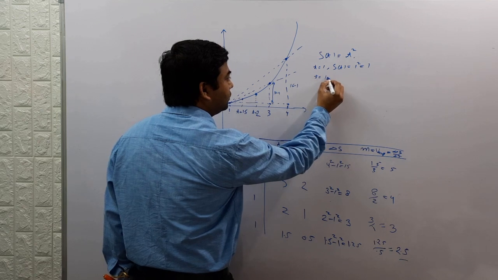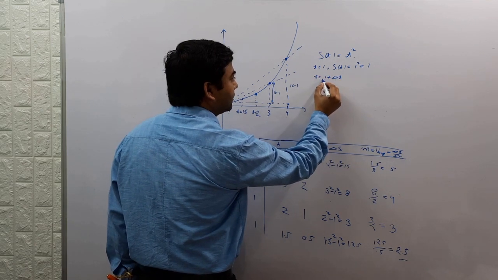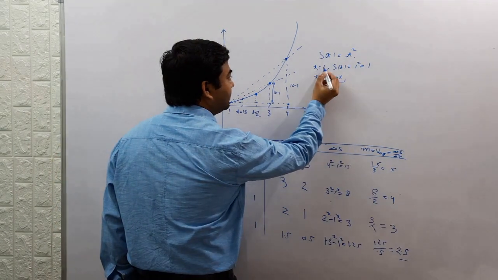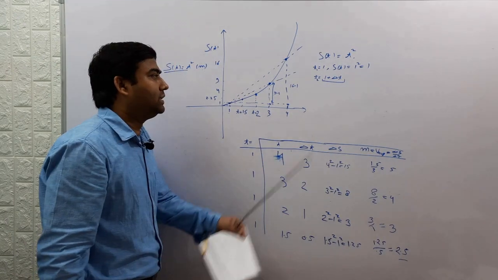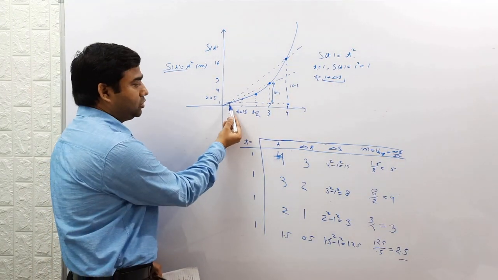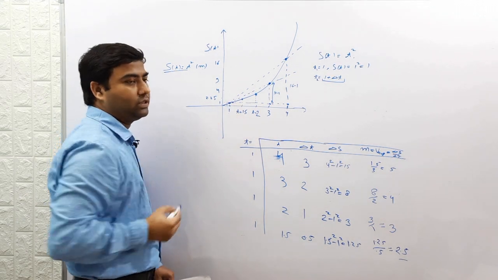T is equal to 1 plus delta t. T1 is 1 and T2 is 1 plus delta t. Delta t is very small time interval. T is equal to 1 and 1 plus delta t is very close to this point, t equal to 1.